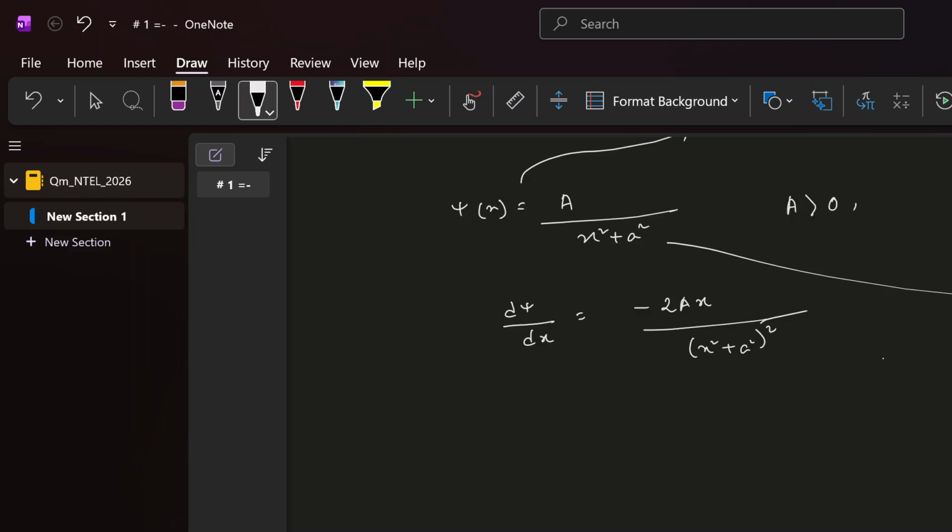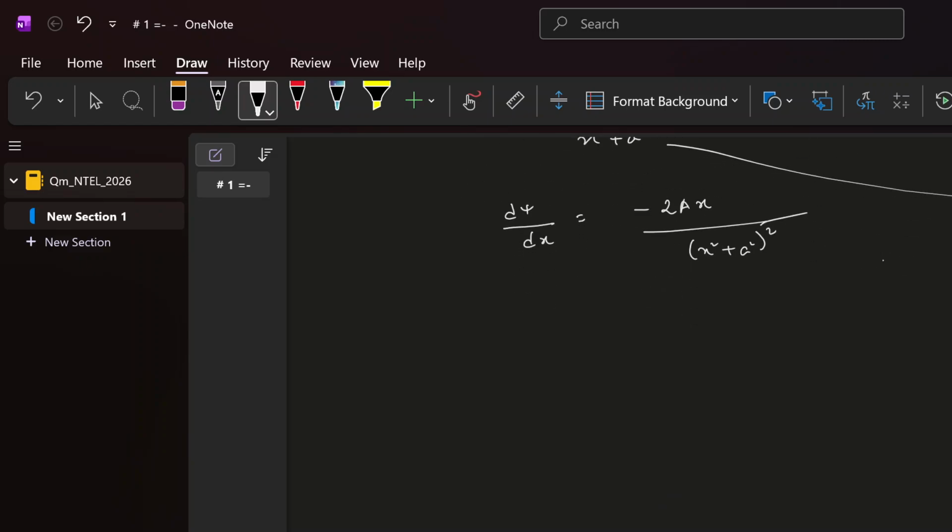Then you simplify: d dy of a by y into dy dx, which is 2x, right? So this is minus a by y squared times 2x, which is minus 2ax by x squared plus a squared whole squared. Okay, so I hope this is clear already.